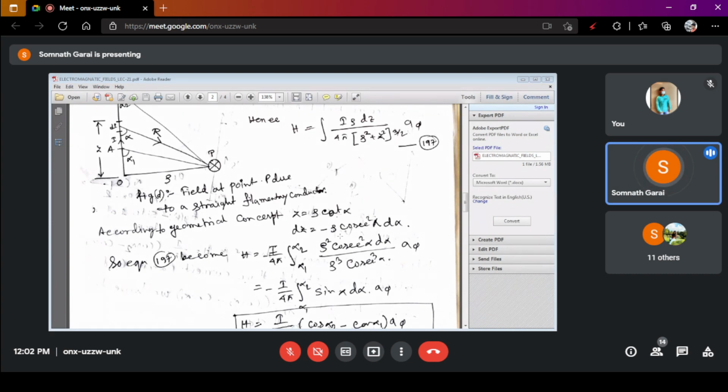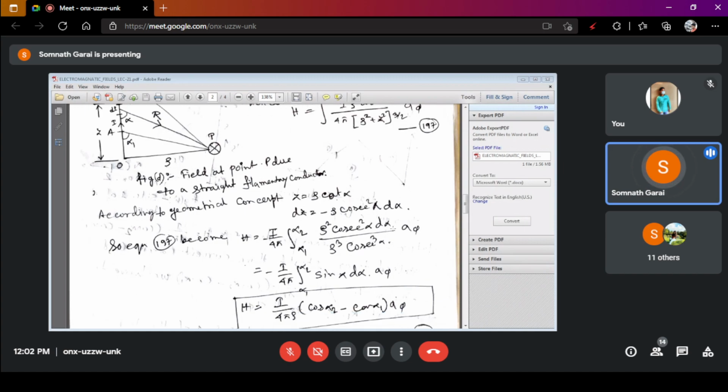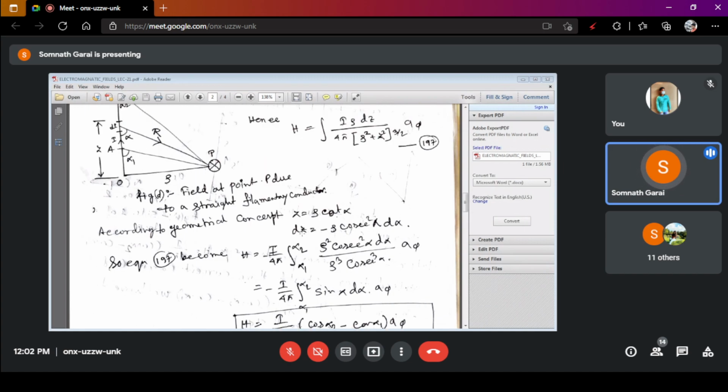So dz is equal to minus rho cosec square alpha d alpha. Now we put the value of dz as well as rho square plus z square in terms of alpha.